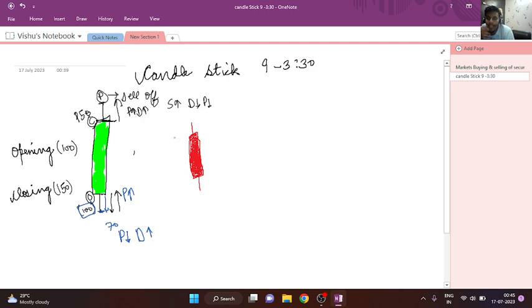In a red candlestick, you will always see the opening up. Opening, suppose, at 150, but closing down at 100. Whenever a price has a higher opening but a lower closing, you will see a red candlestick. Now if you check here, this wick is high, this wick is low. As it opened at 150, it went more up, like 200 rupees.